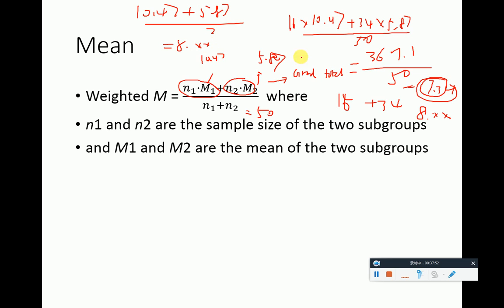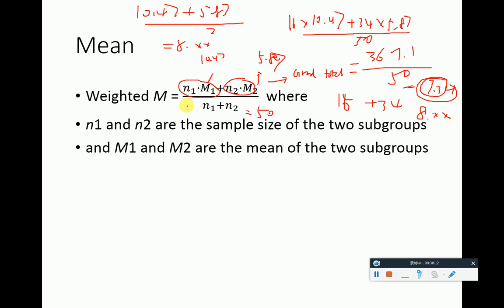So if we compare the wrong mean and the correct mean, you will notice that the wrong mean is slightly larger than the correct mean, and larger in the direction that favors the murder rates of the southern states.